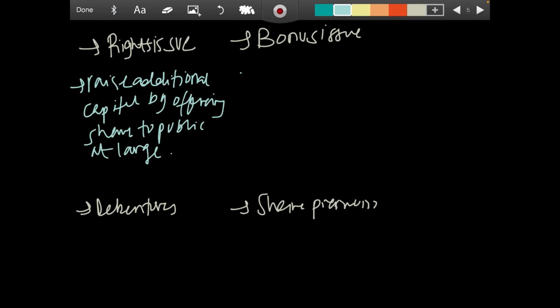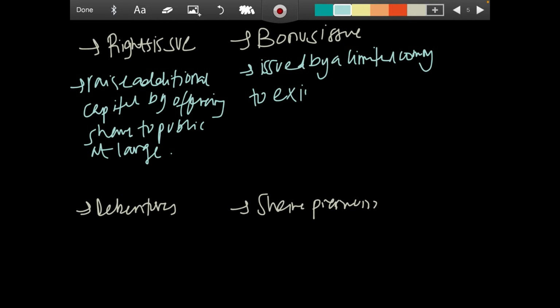What is the bonus issue? Bonus issue is when shares are issued by a limited company and it is issued to existing shareholders. Bonus shares are issued to existing shareholders without payment.